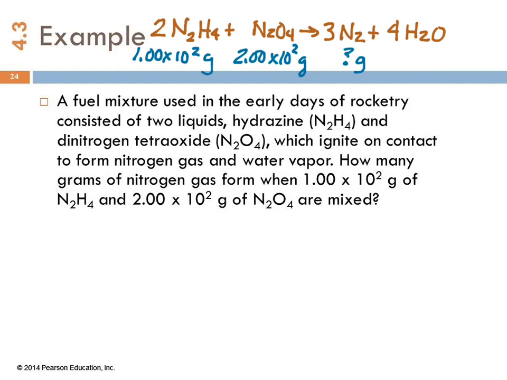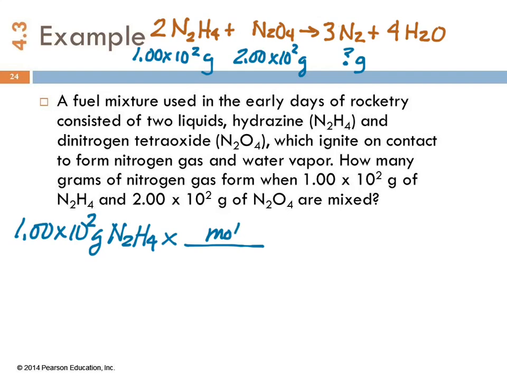Okay, so let's start with the hydrazine. 1.00 times 10 to the 2 grams N2H4. Times, we're going grams to moles, so moles of that guy. And then we're going to moles of the other guy. I'm writing too big. Oh well.